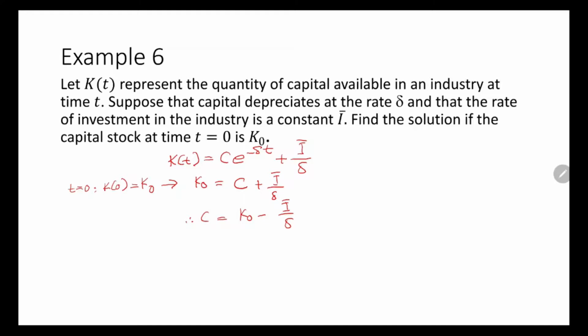So we just substitute in the solution that we have before, and the solution will be k0 minus I bar over delta times e to the power of minus delta t plus I bar over delta.